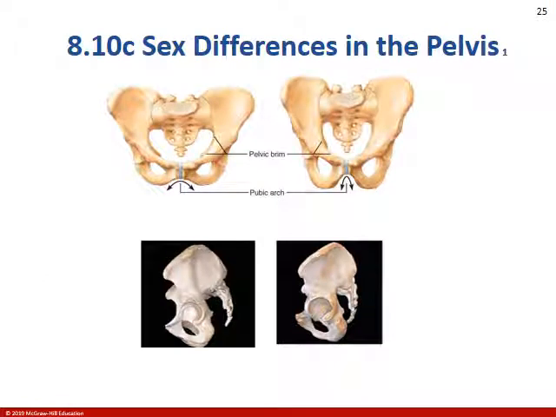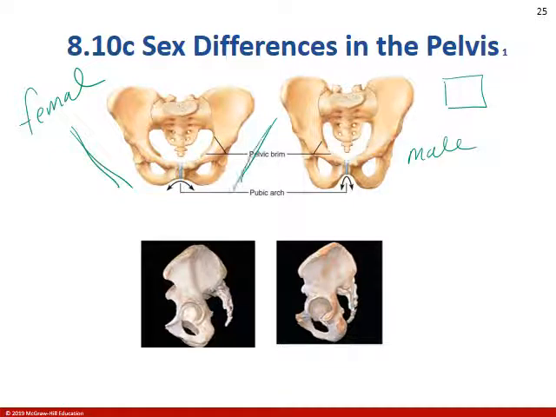What are some of the sex differences in the pelvis? Kind of similar to what we saw in the skull. Remember, in the skull, everything was kind of more box-shaped, more pronounced in the male. So this is the male pelvis, and this is the female, where we have kind of this more wide, rounded structure. Also, something to notice is that the pelvic arch in females is, again, more rounded, where the male's is more pronounced.